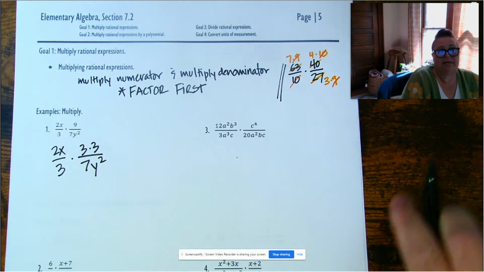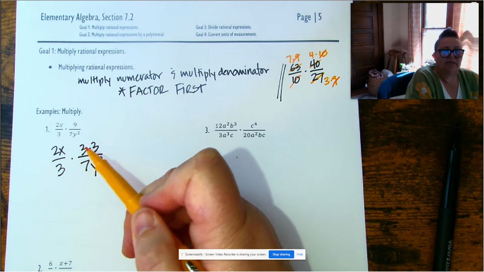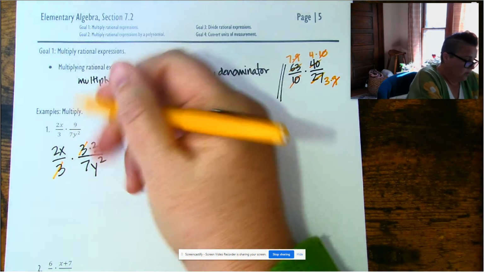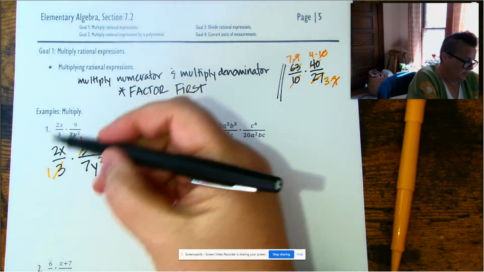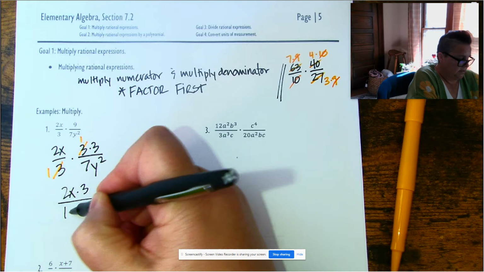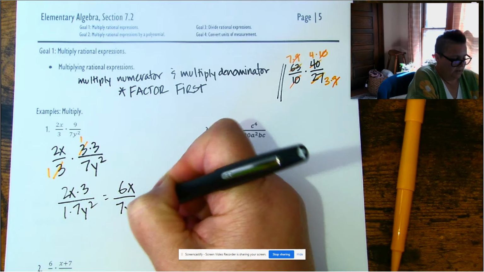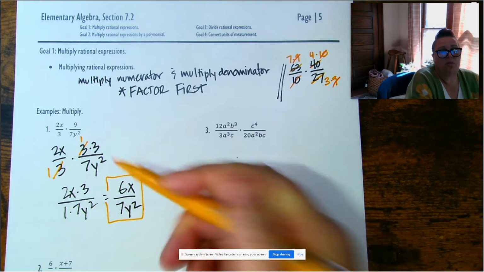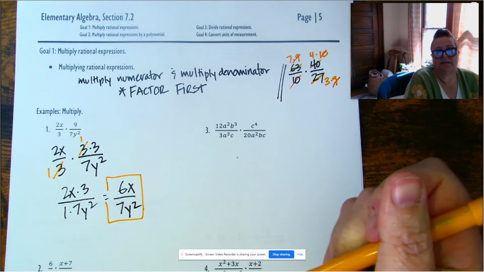I'm not saying you have to write that part out, but if I wrote that out, I could cancel those 3's. 3 goes into 3 once, 3 goes into 3 once, leaving me with 2x times 3 over 1 times 7y squared, or 6x over 7y squared. That's what happens. We cancel what we can, and then we multiply across the numerator and multiply across the denominator.